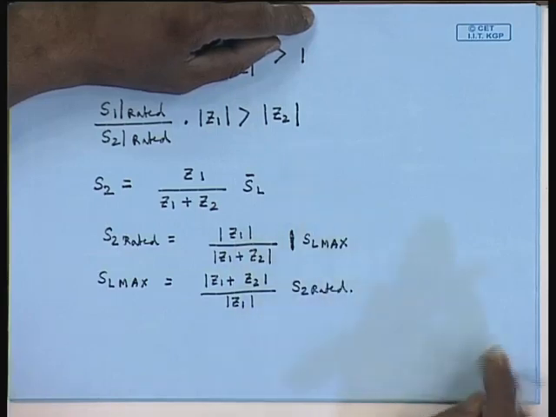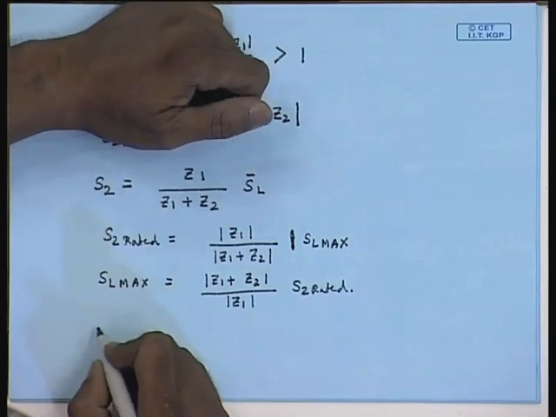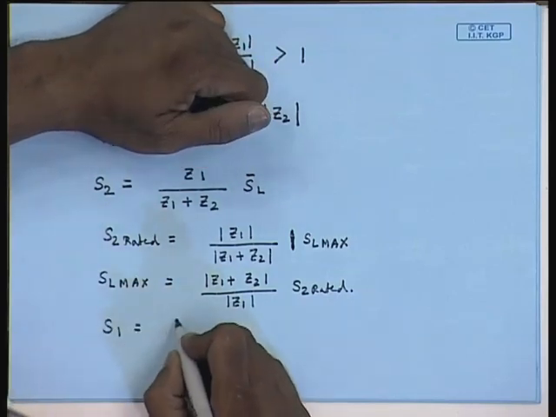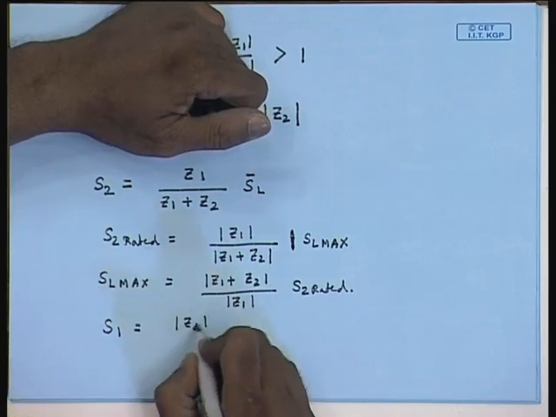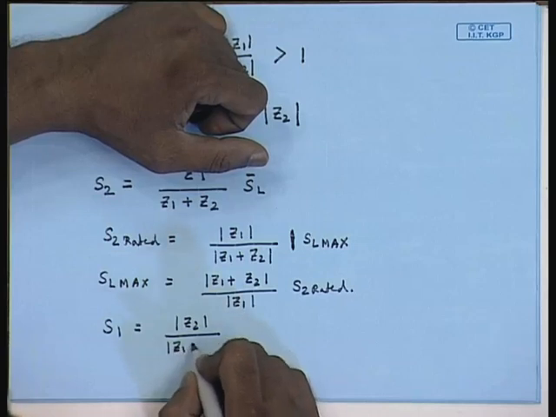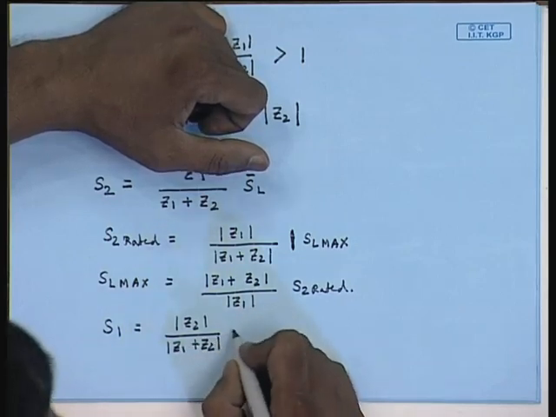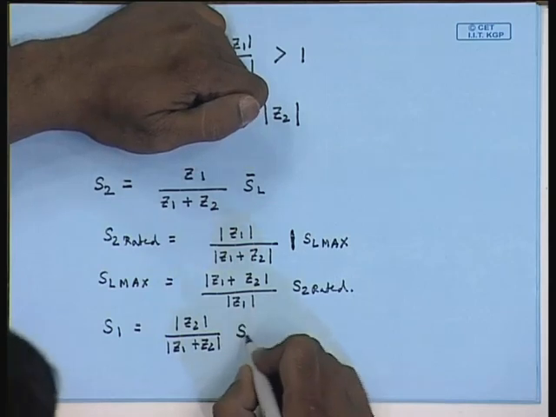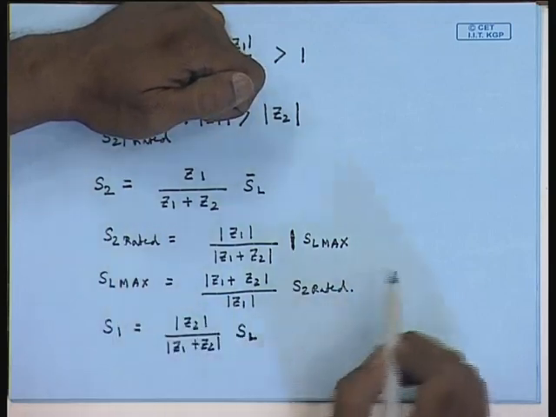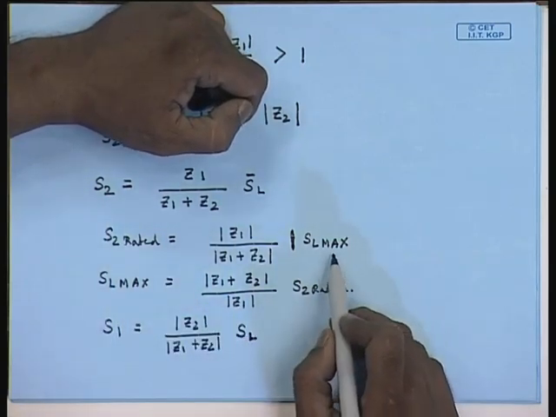So, what is the load on the first transformer then? S1 is given by S1 equal to mod Z2 divided by mod Z1 plus Z2 into SL, and when S2 reaches its rated kVA, then the load kVA is SL max.